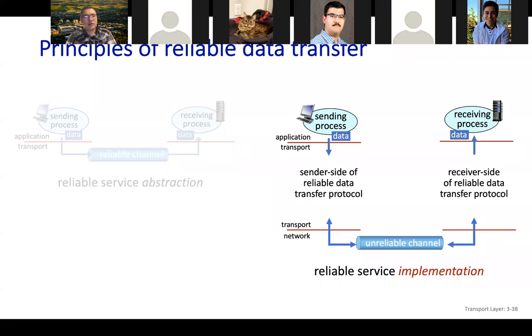Okay, reliable service sometimes may not be possible, right? So you have to make sure that even if your transport and application are based on an unreliable channel, how can you guarantee the transport layer and application layer are still 100% reliable? That's the question, right?